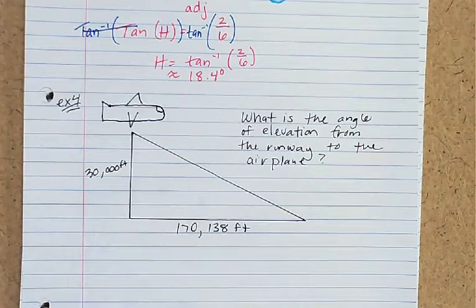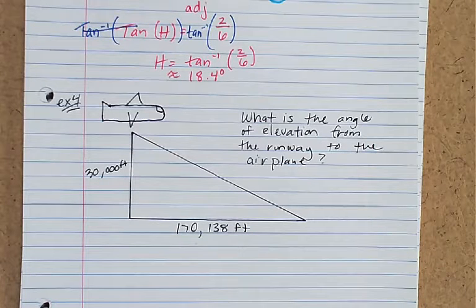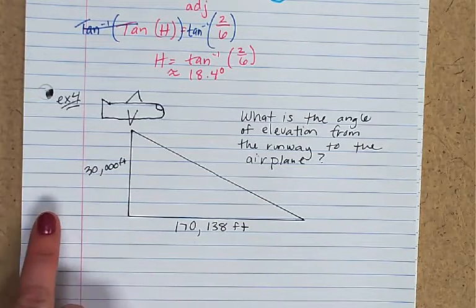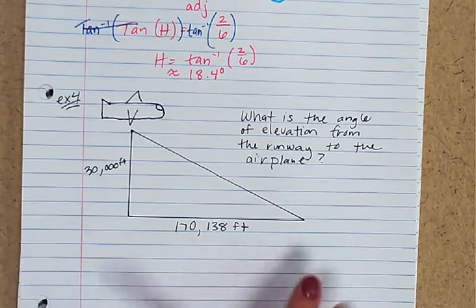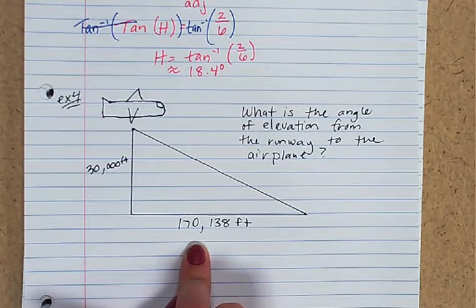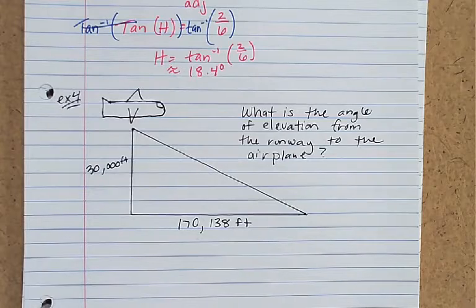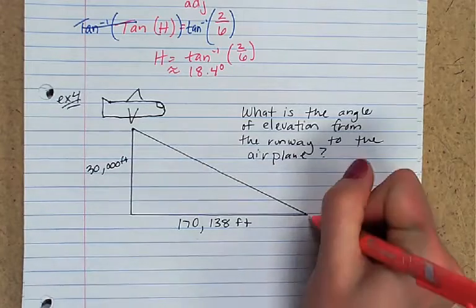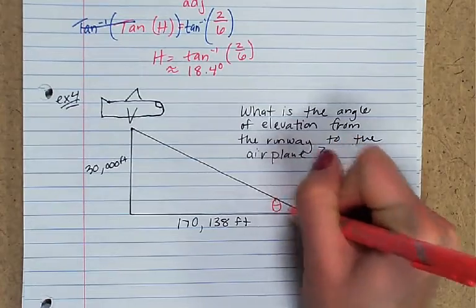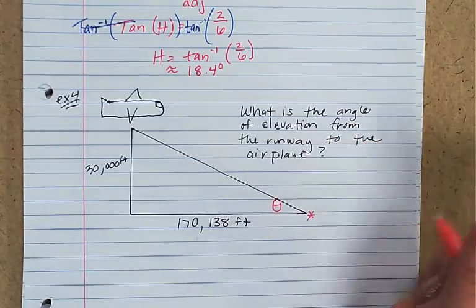For our last example, this is a story problem, and there's an airplane at 30,000 feet. The distance the airplane is from the runway, measured along the ground, is 170,138 feet. What is the angle of elevation from the runway to the plane? Here's our runway, and the angle of elevation is from the horizon looking up.